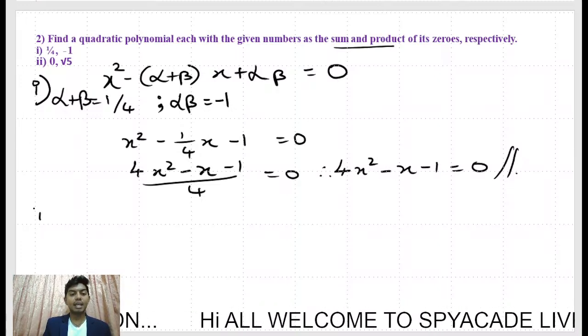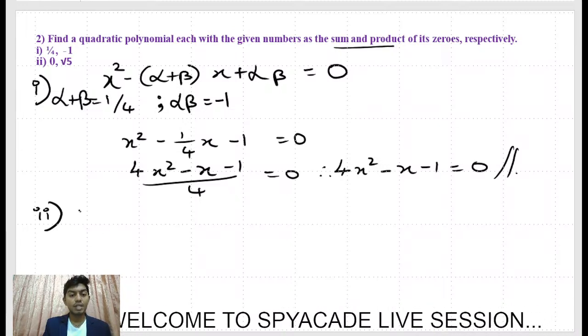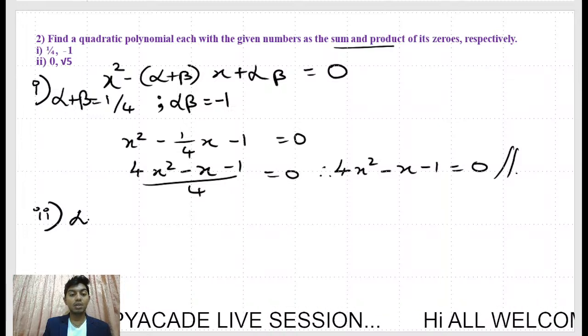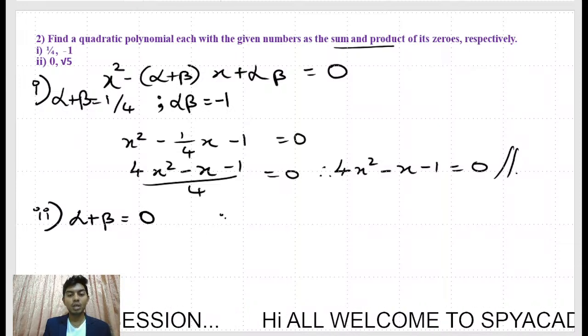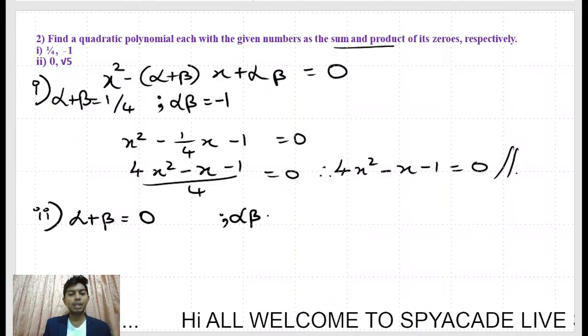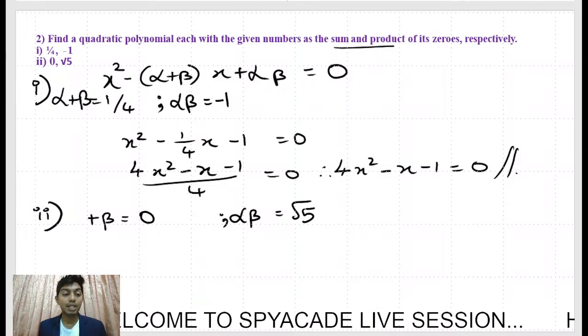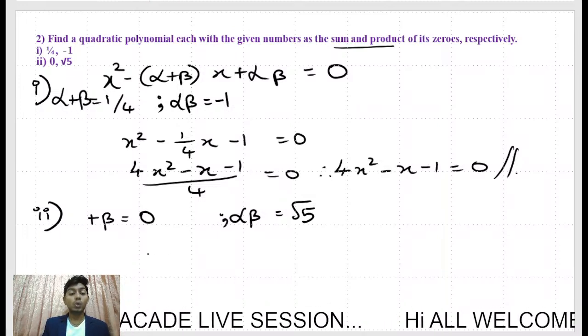Right? Yes. And then let's move on to the next one. Here they had given 0 comma root 5. So what is this 0? 0 is nothing but alpha plus beta, and alpha into beta is equal to root 5.